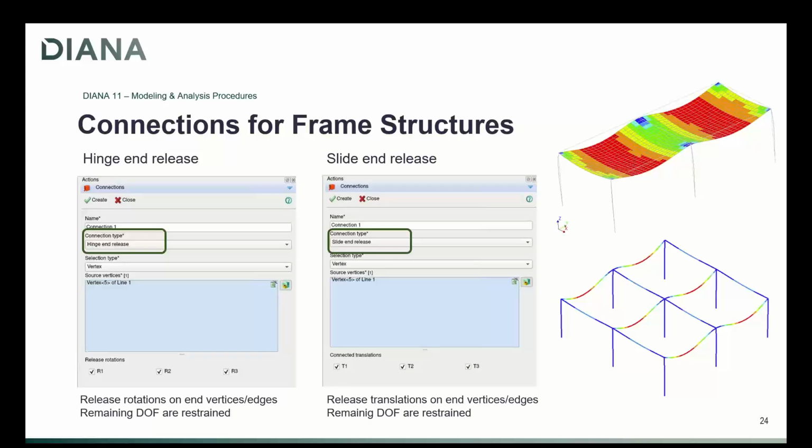Then we don't need any tyings, and it is more an element-based approach than a node-based approach, and we can more precisely define hinge or slide. If we come back to the example of 3 beams connecting at one point, then we can make 2 of them hinged, but not the other one. So it gives more freedom, and it is simplified.